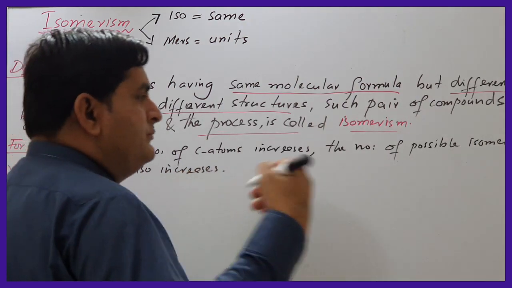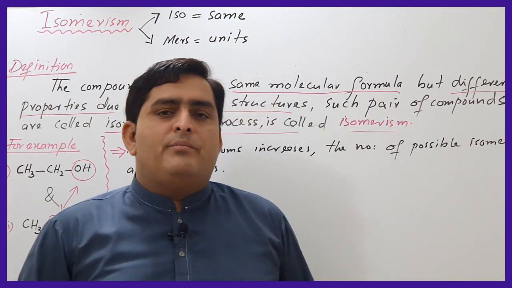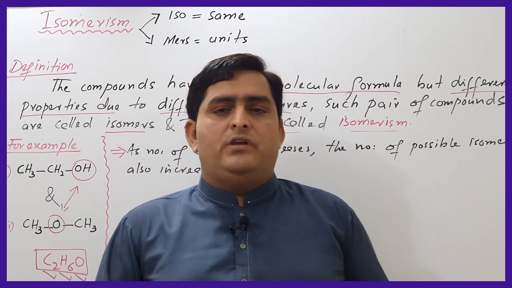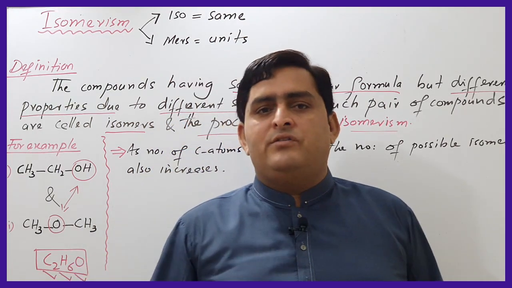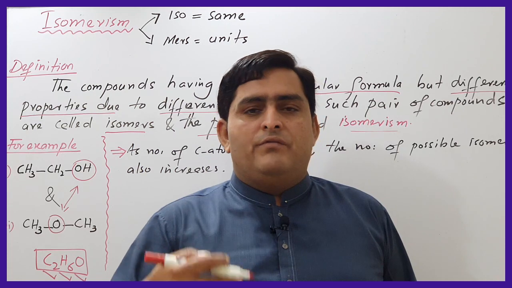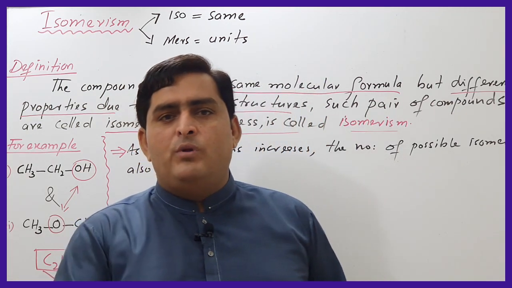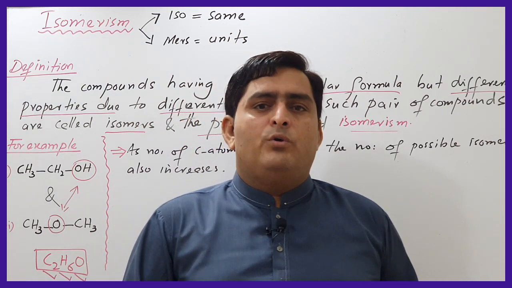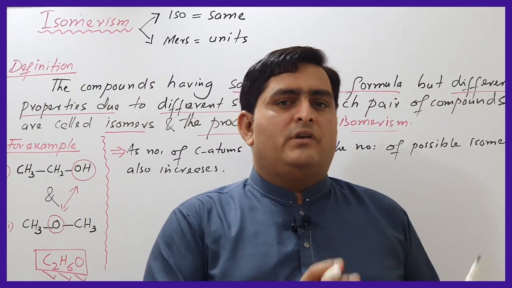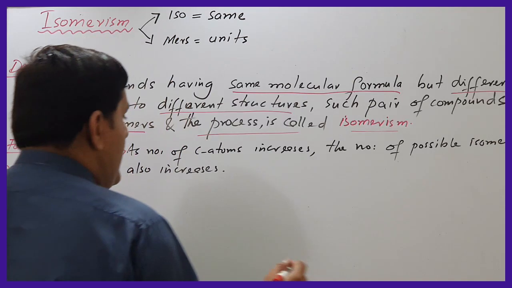It means that as we go down in the homologous series, with every addition of a CH2 group, a methylene group, the number of isomers increases.